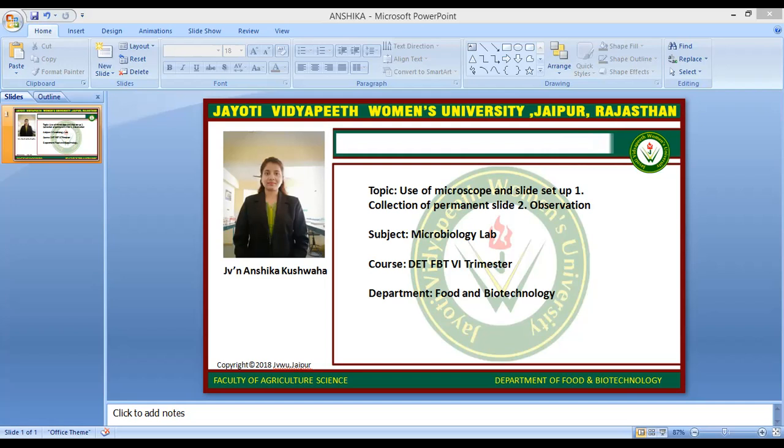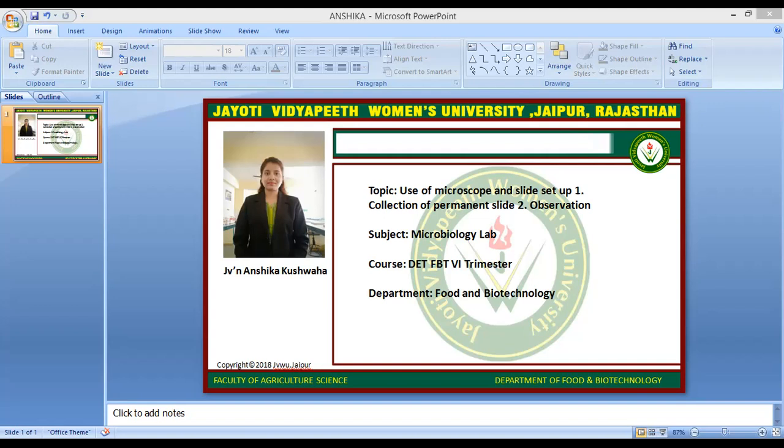The next, its parts: mechanical parts like base, C-shaped arm, mechanical stage; magnifying parts are ocular lenses and objective lenses; and illuminating parts are condenser, iris diaphragm, light source, fine and coarse adjustment knob.